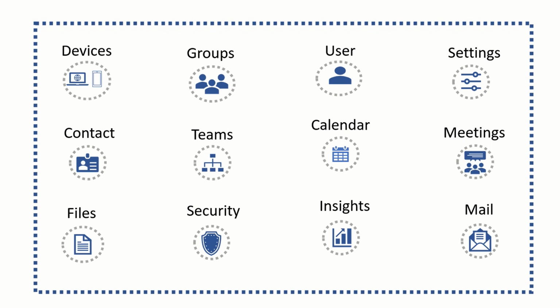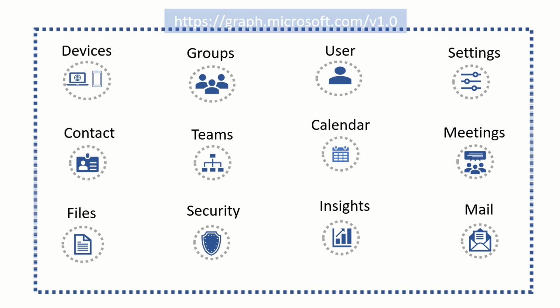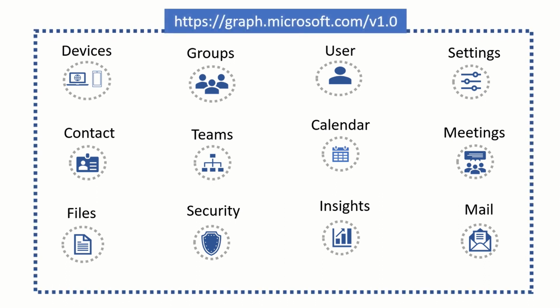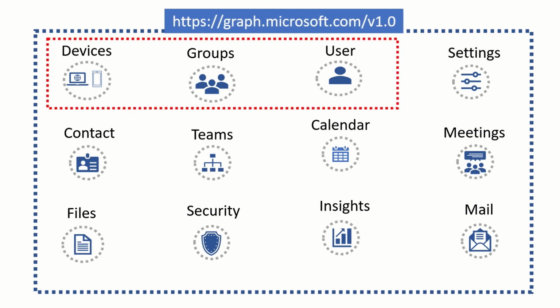Yeah. So the fact is that, think about a scenario wherein this entire container has one single interface, and let's give that interface a name. Let's name it graph.microsoft.com/v1.0. Just refer to v1.0 as a version. Okay. Now think about the same scenario which we were discussing before, that I want to query device, group, or user.